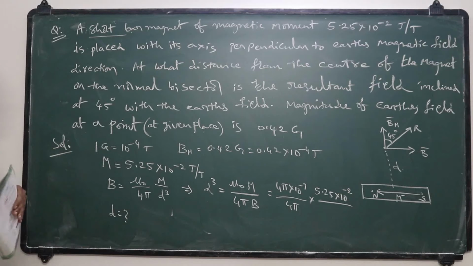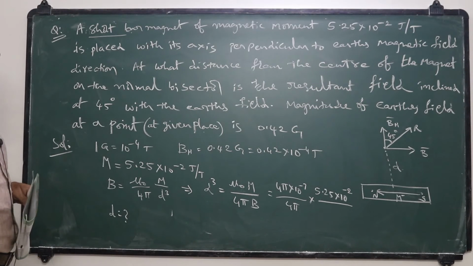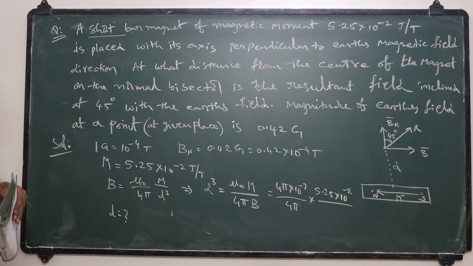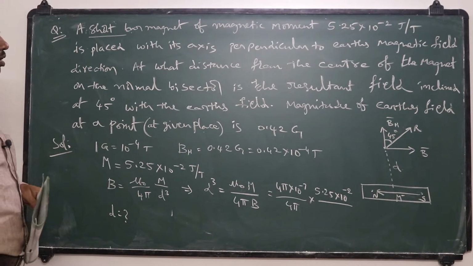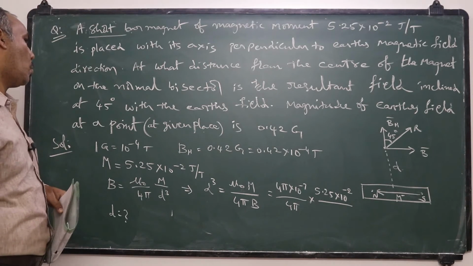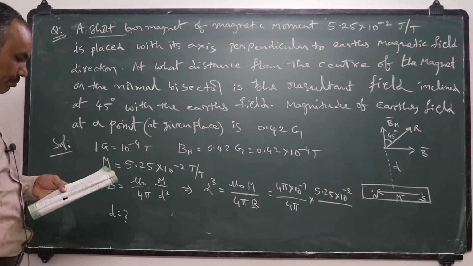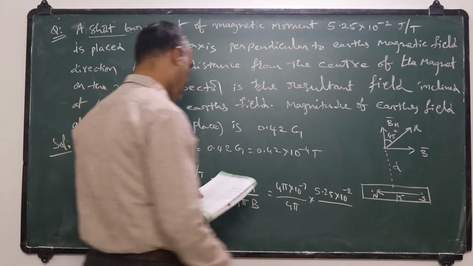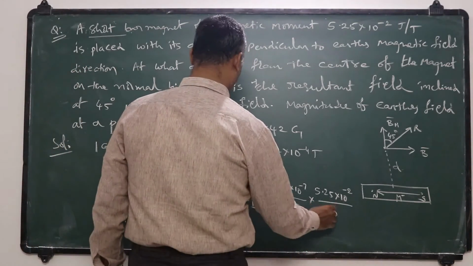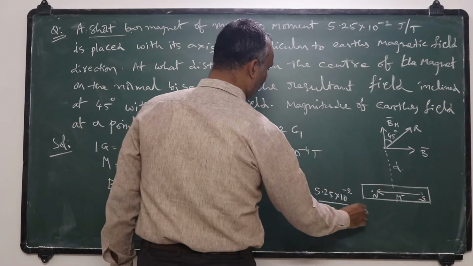What value should I take here? How to take B value? 0.42 into 10 power minus 4 Tesla.